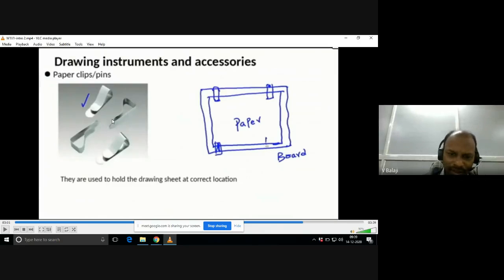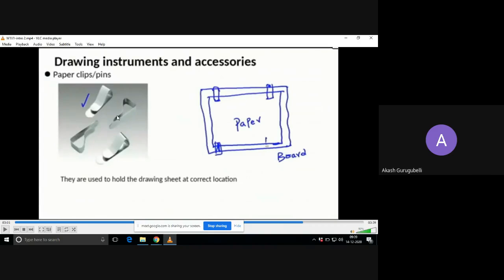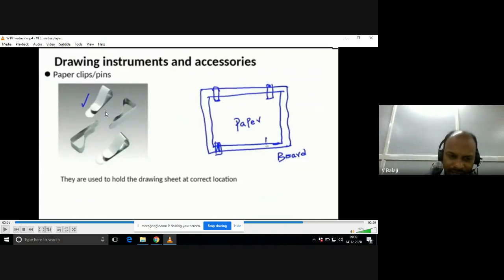Is it made up of steel or plastic? Steel, sir. Very good, steel. You can go for steel, and sometimes plastic is also there. You can also use plastic.